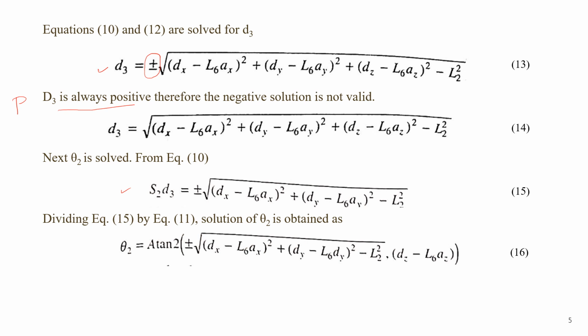So you can get the solution for theta 2, in the form of A tan 2, right? So this is equation 16. It gives you the value for theta 2. So now we have got D3 and also we have got theta 2.